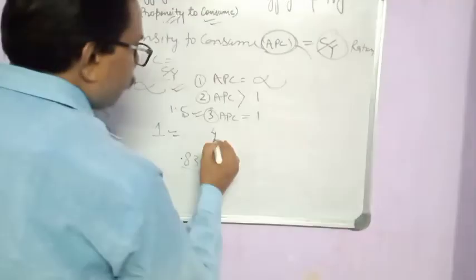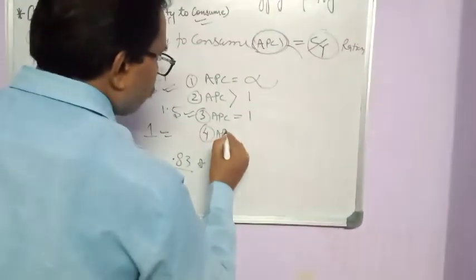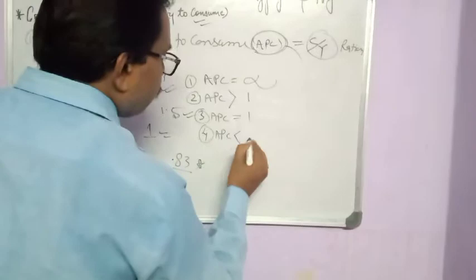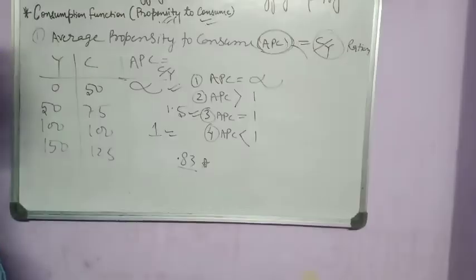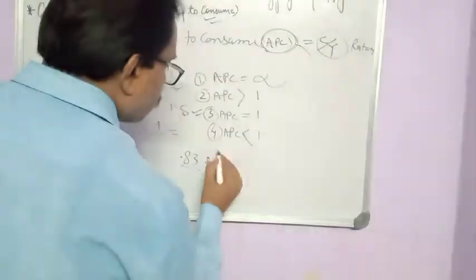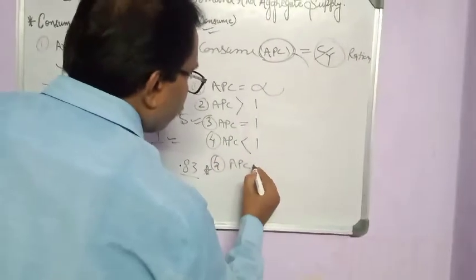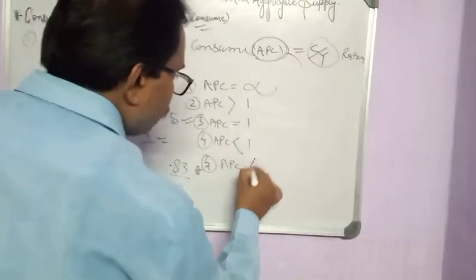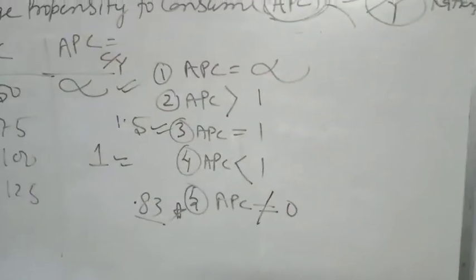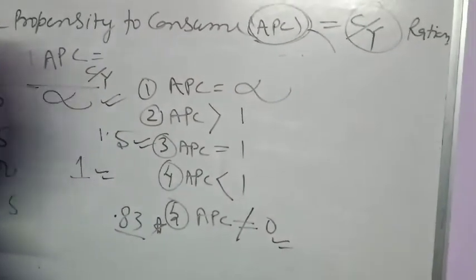Fourth, APC may be less than 1. And the last, this is the most important, APC will never be equal to 0. Is it clear? This is the most important.